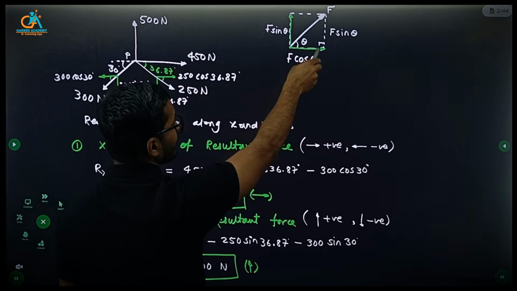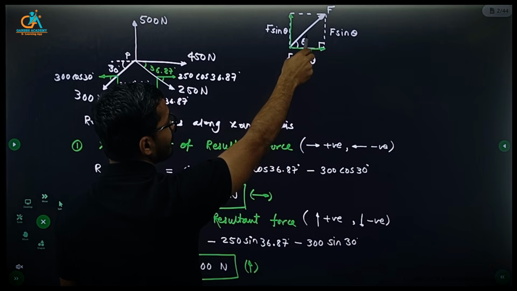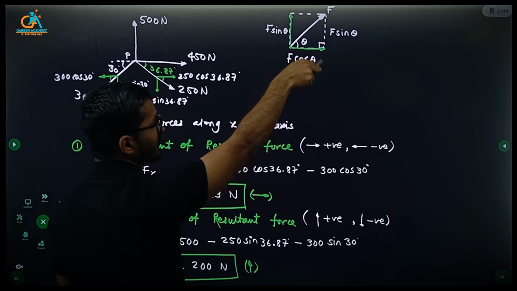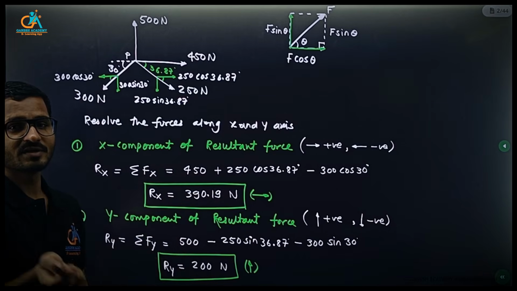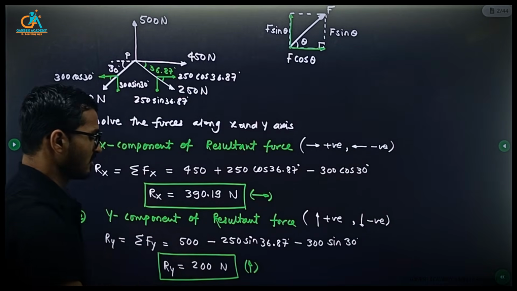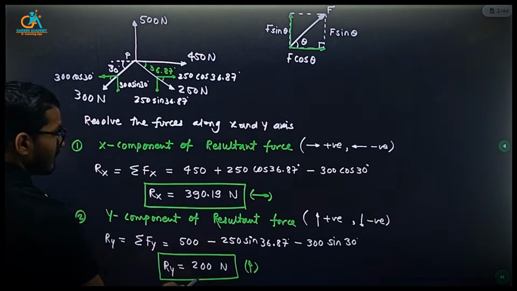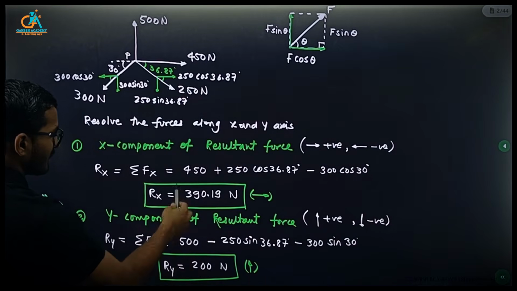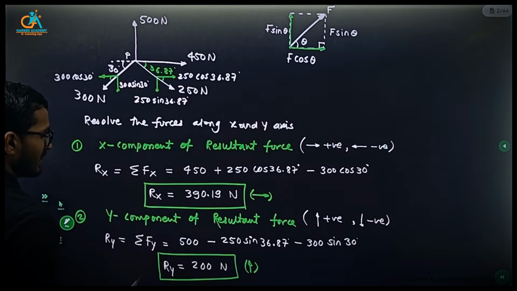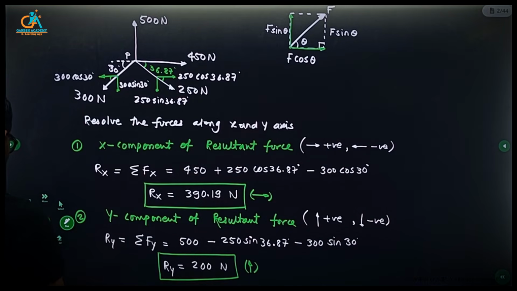So what we have done is resolve the given force into perpendicular components. Now we are doing the reverse process, right? Composition. We'll consider these two forces and find the equivalent inclined force.